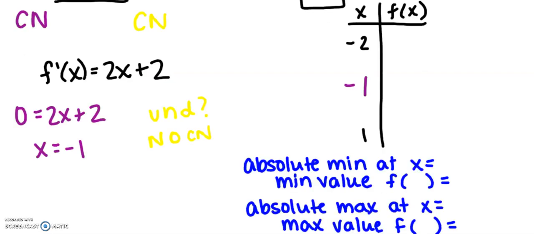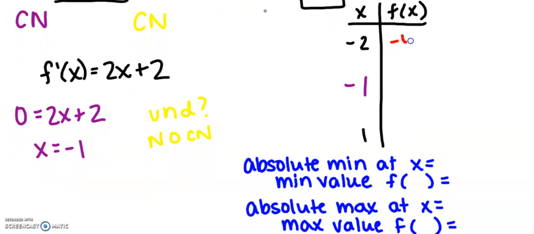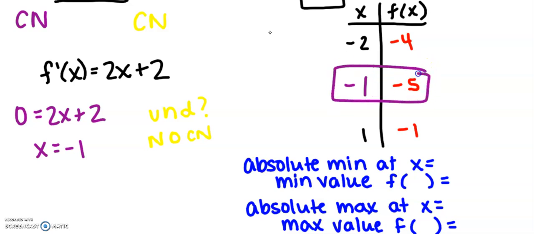All right, so hopefully you found -1. Now we're going to take that -1 and plug it back into f of x, our original function. I'm going to flash forward a little bit for time. We would get -4, -5, and -1. Looking at these, the absolute minimum happens right here at x equals -1, and f of -1 is equal to -5.